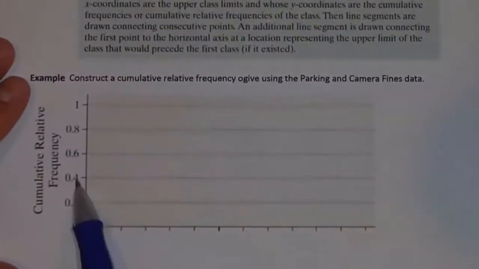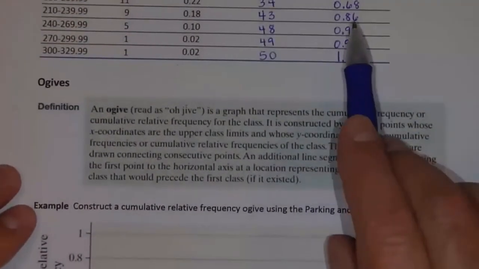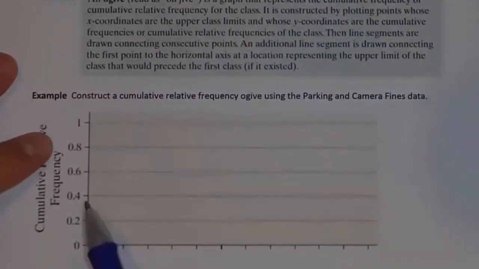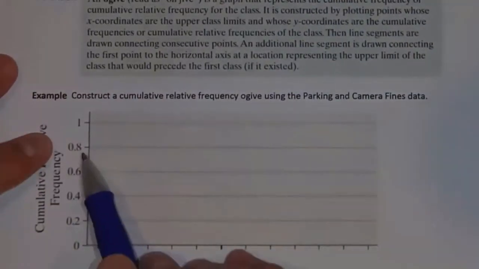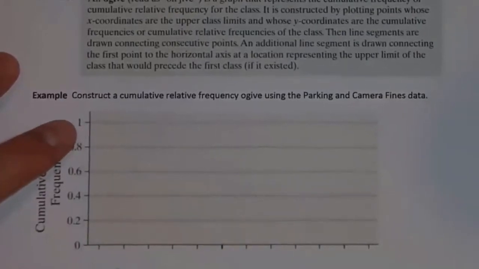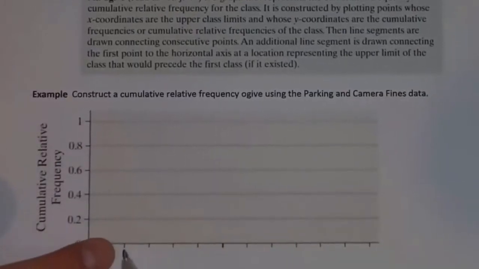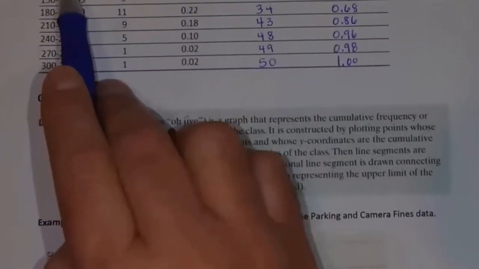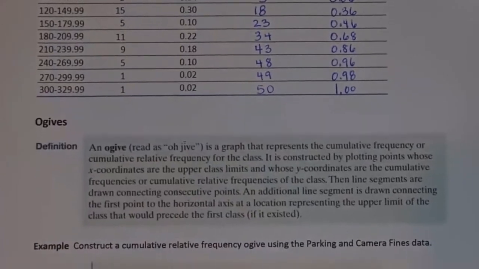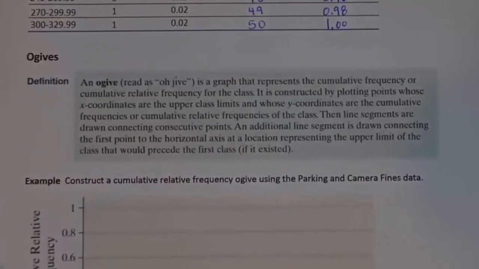And on the vertical axis, I'm going to be using the cumulative relative frequencies. So notice that I'm going 0.2, 0.4, 0.6, 0.8 to 1. Now here, I'm going to start at the second tick mark, and I'm going to make that the upper limit of my first class. So this is going to be 89.99.